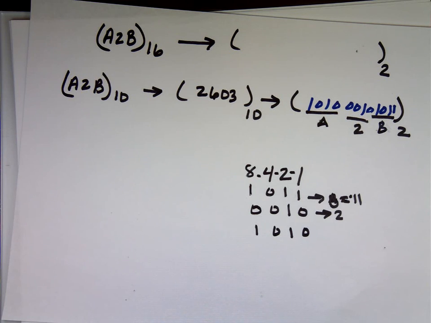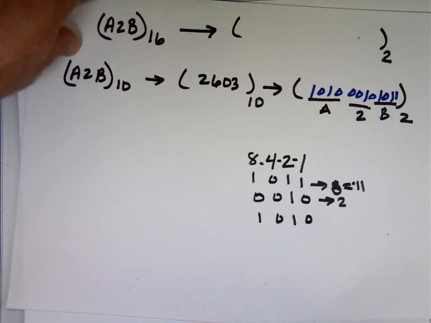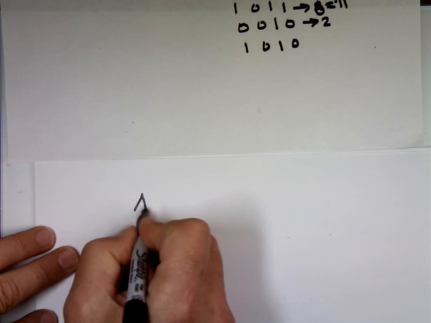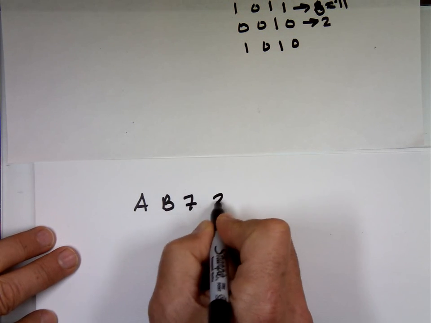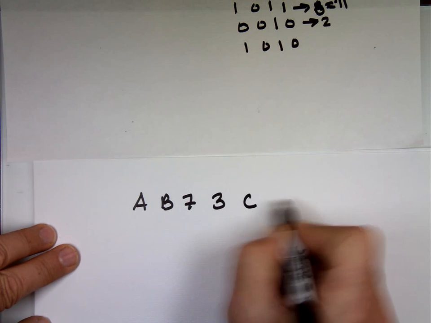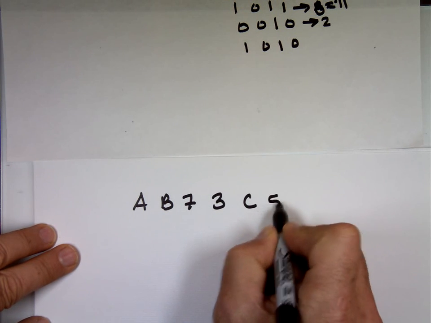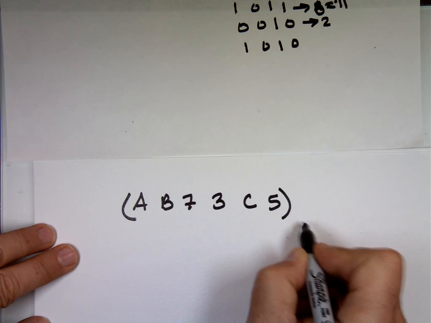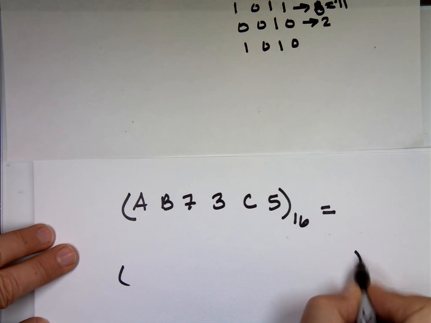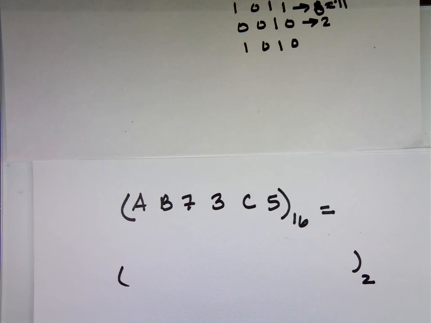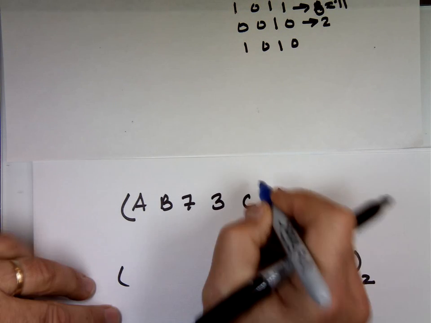So you used the 8 for 2, 1, because that's the binary. Here's this one. I want to convert this to binary. 8, 4, 2, 1.